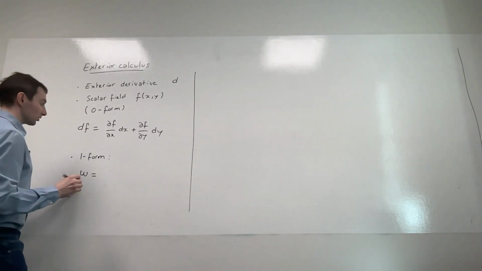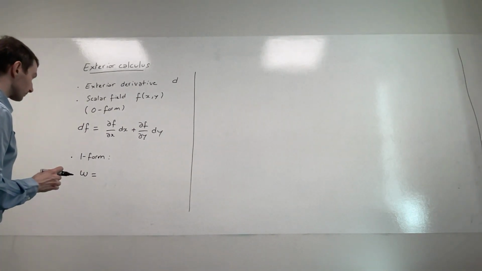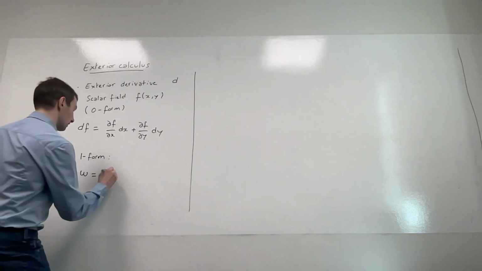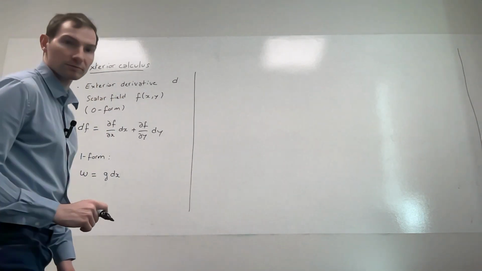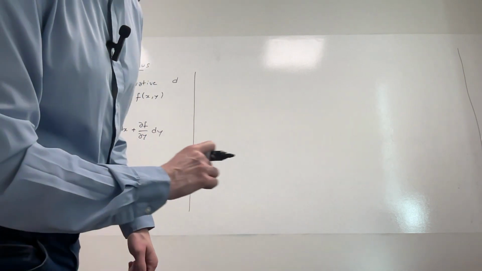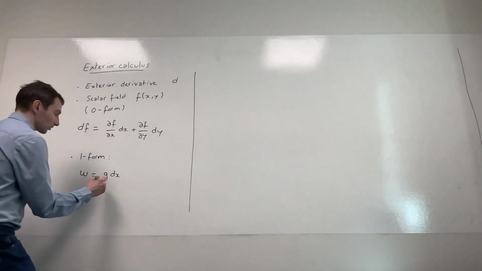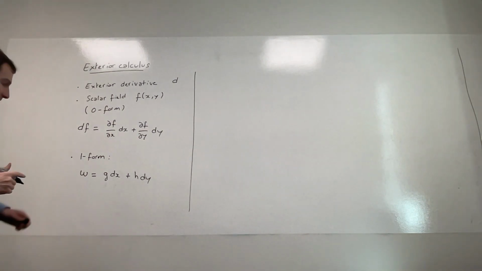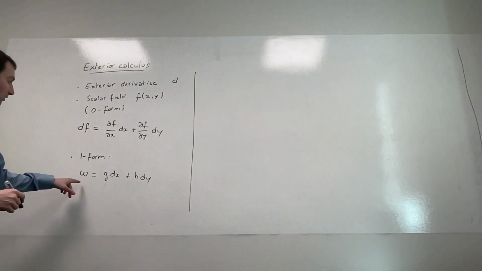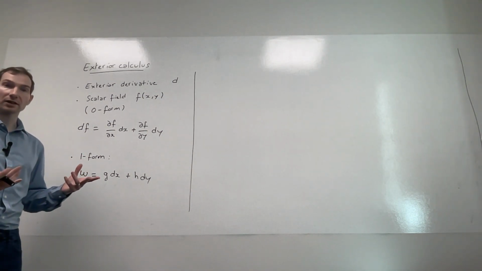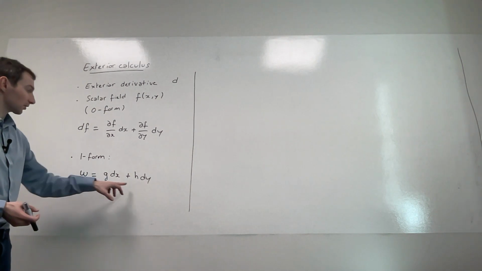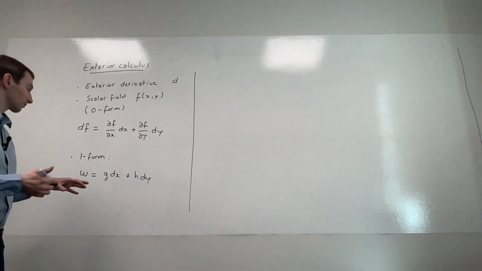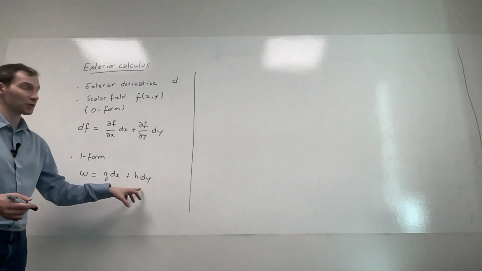Omega is equal to g dx plus h dy. Here I'm allowing myself an object written like this, which you can view as a differential.